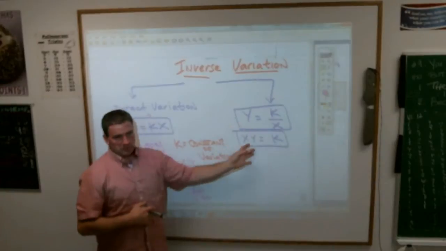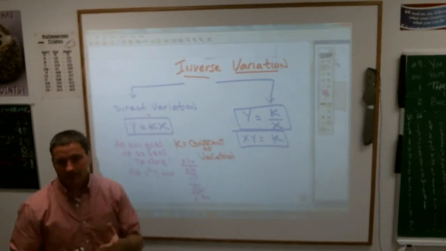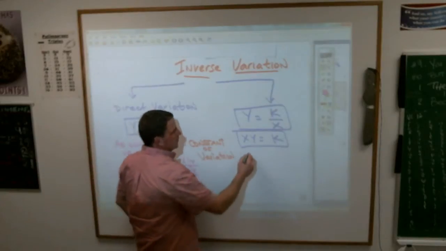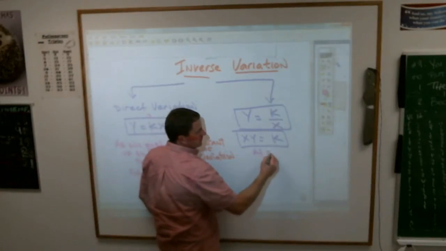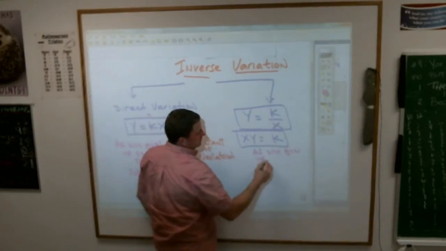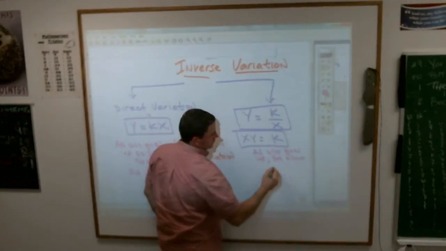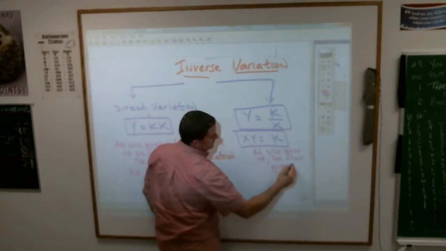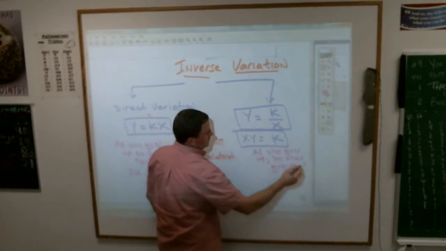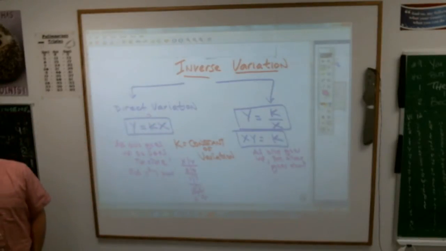Inverse variation is kind of the opposite of that in the sense of as one goes up, the other goes down. Okay? One way to think about that might be like this.